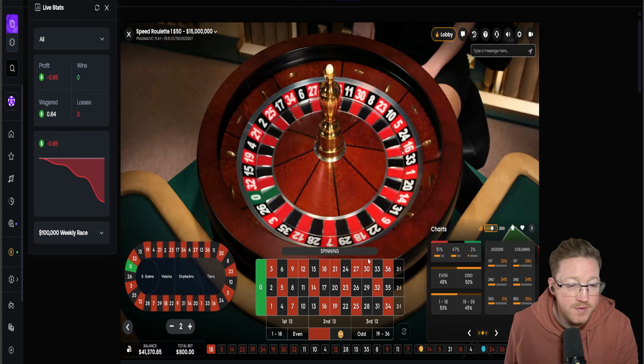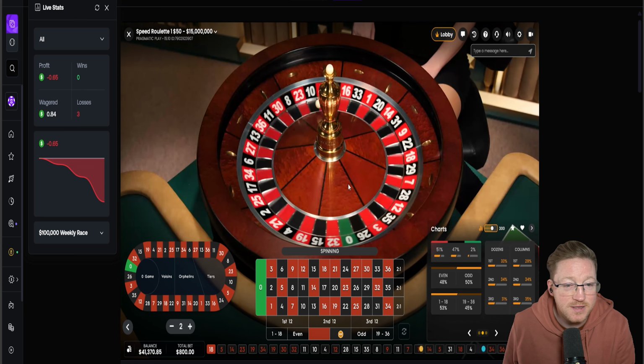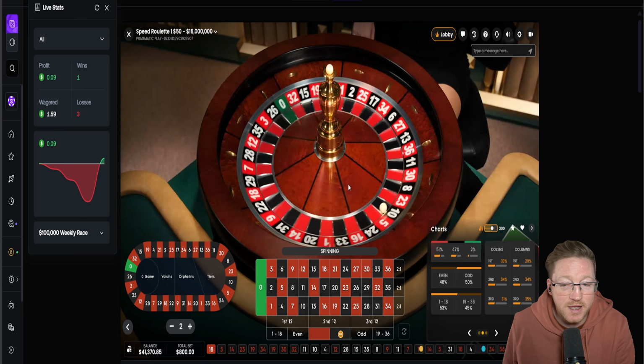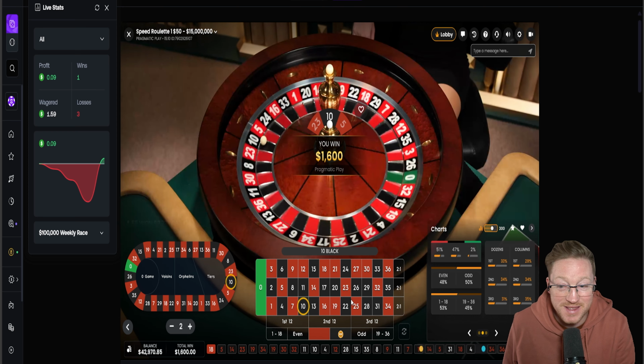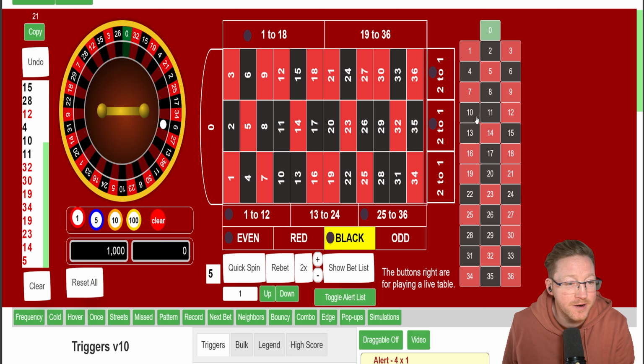Some patterns up there. Come on, a black one now. Taking us to the... Yay! There we go. For a whole 10 cents profit, 9 cents profit. So we got 10 there.